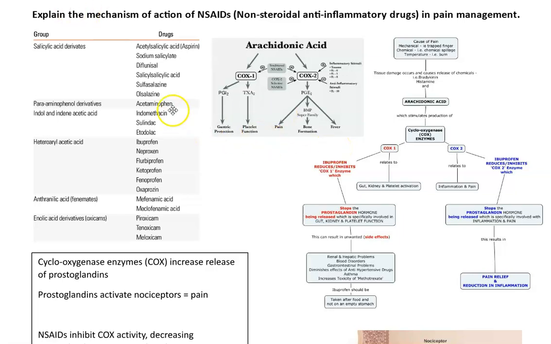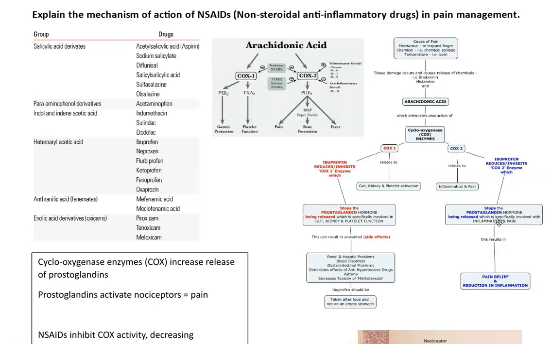And what happens for those non-steroidal anti-inflammatory drugs, the most common being aspirin and ibuprofen, so those are actually going to inhibit the activity of COX-1 and COX-2. So they're going to inhibit those enzymes so that you don't get the prostaglandins increase when those are normally active.